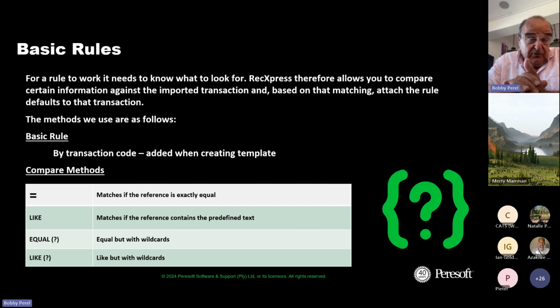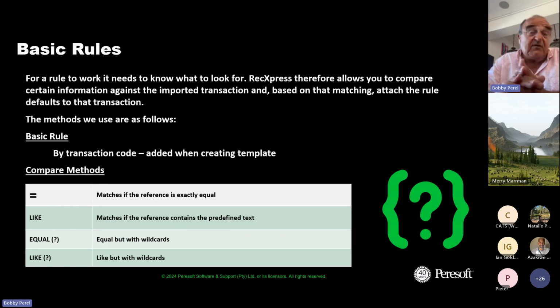The most used one is the next one, which is a like command, which is the same as a contains. That matches predefined words in the reference. I will go into much more detail in a minute as to how that works, as well as how the equal works with question marks and the like with question marks.